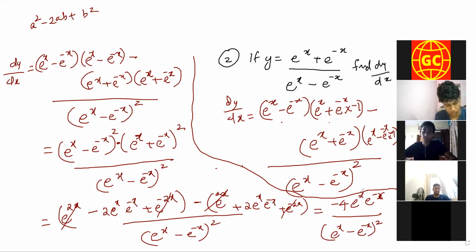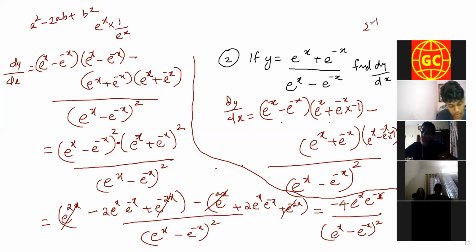And can we cancel e raised to x and e raised to minus x? They will get cancelled, isn't it? Why? E raised to x into e raised to minus x is 1 by e raised to x into e raised to x, isn't it? If you are having 2 raised to minus 1, that is 1 by 2. Similarly, e raised to minus x is 1 by e raised to x.